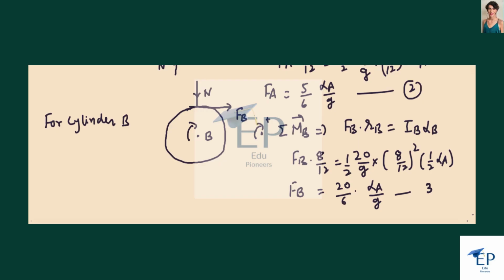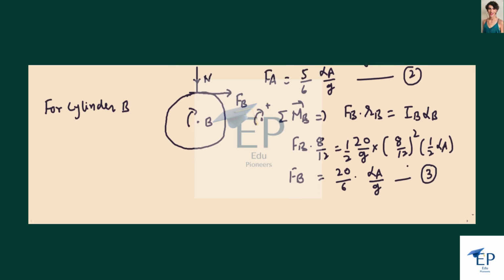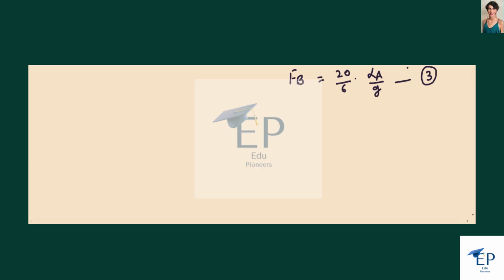This is your third equation. Now see the motion of the belt. On the belt, summation of force on belt we are finding, this direction taken positive. You will get P minus Fa minus Fb to be 0.